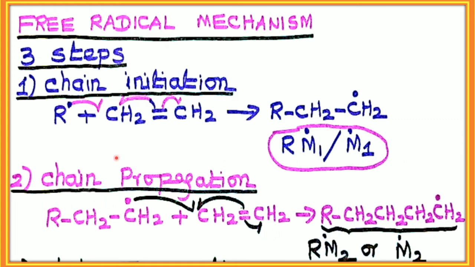In chain propagation step, the monomer radical further reacts with the second monomer molecule to give RM2 dot, or simply M dot. This further reacts with another monomer molecule to give RM3 dot, and this further reacts to give Mn dot.